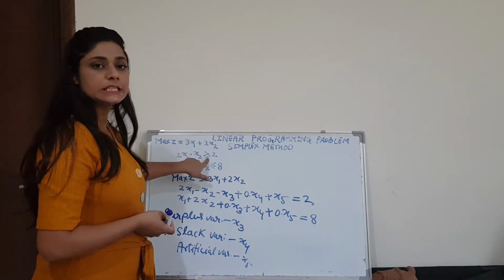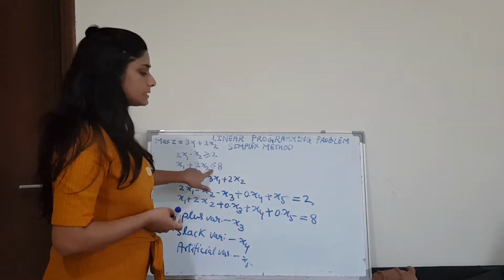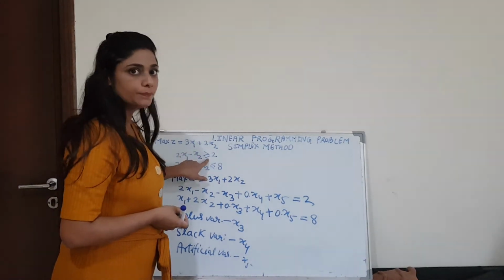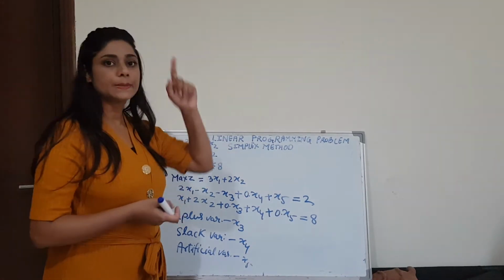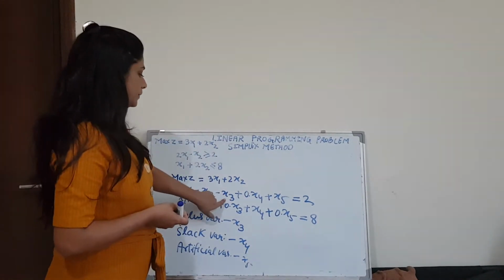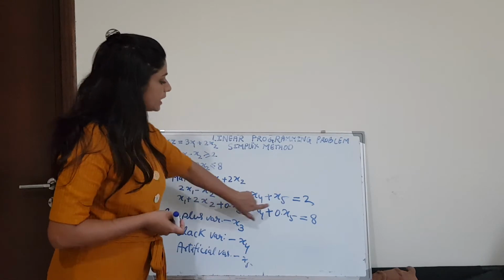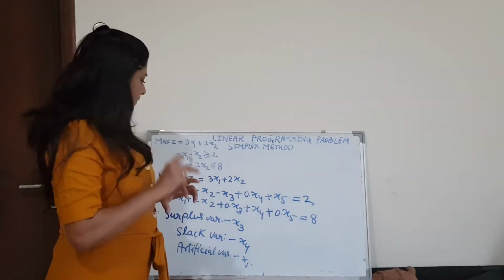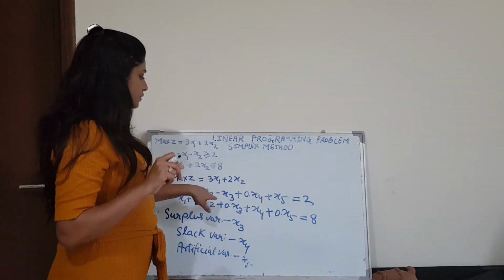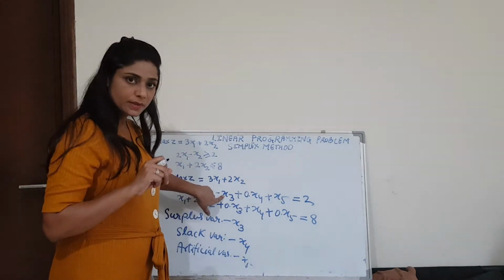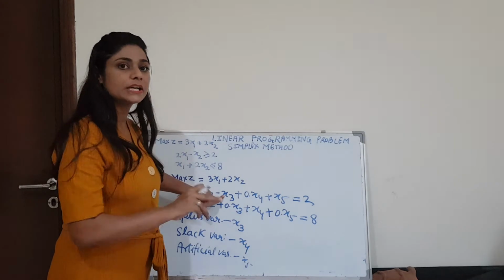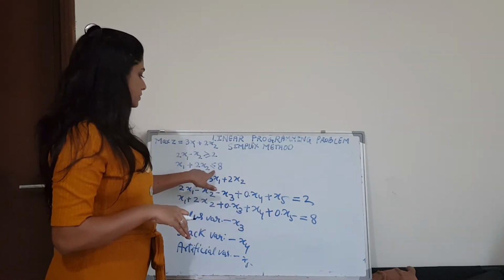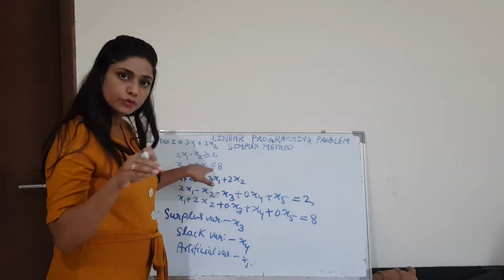I am repeating this process again. This equation is in greater than or equal form, and this is in less than or equal form. If the equation is in greater than or equal form, then we will subtract the surplus variable from the equation, and we will add one artificial variable, but it will be in sequence. First we will subtract the surplus variable from the equation, then we will come to the second equation. We will add here a slack variable, because this equation is in less than or equal form.